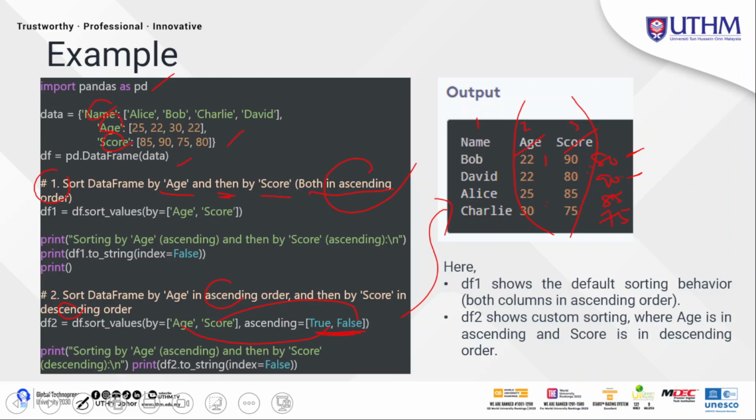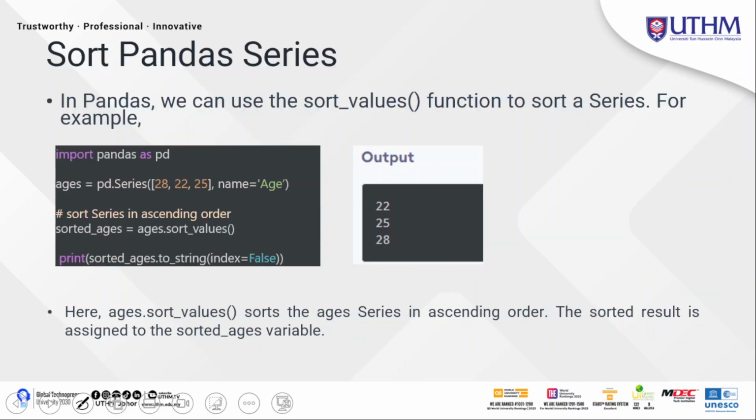I hope you got it. So next, sort a pandas series. In pandas, we can use the sort_values function to sort a series. Series is almost similar to a list and also arrays.